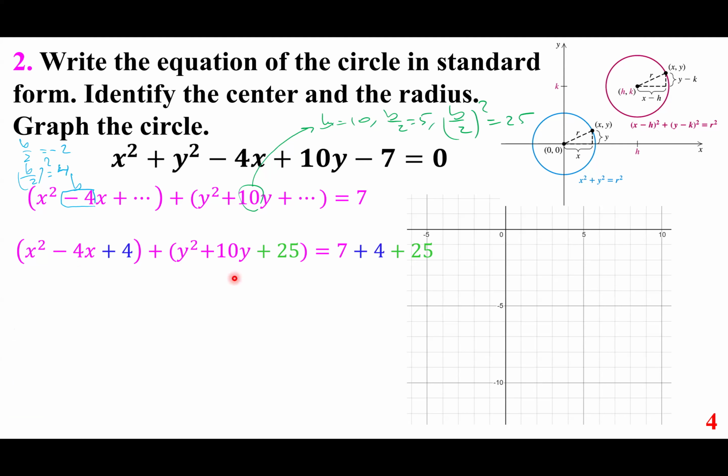This is y plus 5 squared. Add them up, we get 36.